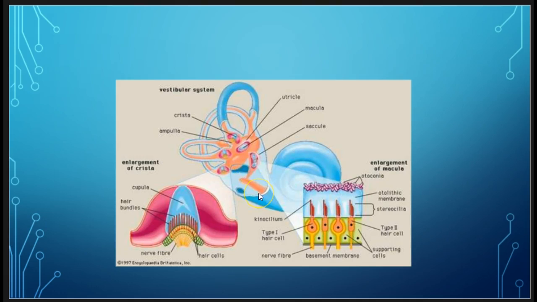They also give us a sense of pull of gravity on us, as well as helping us maintain our posture and so forth. So these semicircular canals are very important in giving us information to the auditory nerve and then to the brain to give us a sense of where we're at in the environment. Are we lying down? Are we standing up? Are we sitting? What is our relationship to our environment, and where exactly are we?